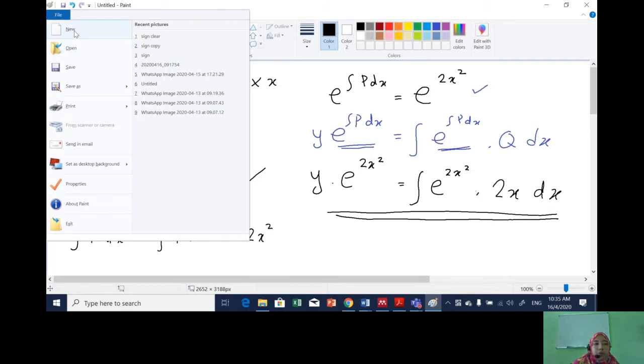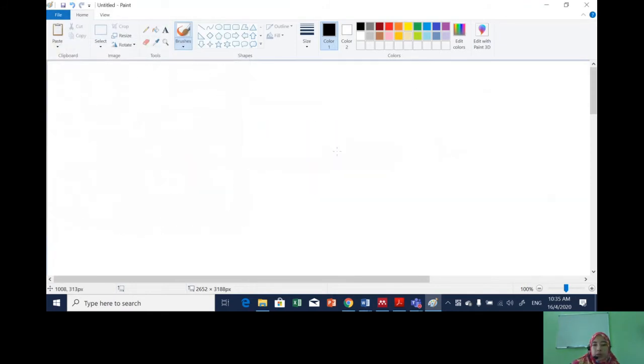I'm going to write on the new screen again as follows: y e^(2x squared) equals the integral of e^(2x squared) times 2x dx.